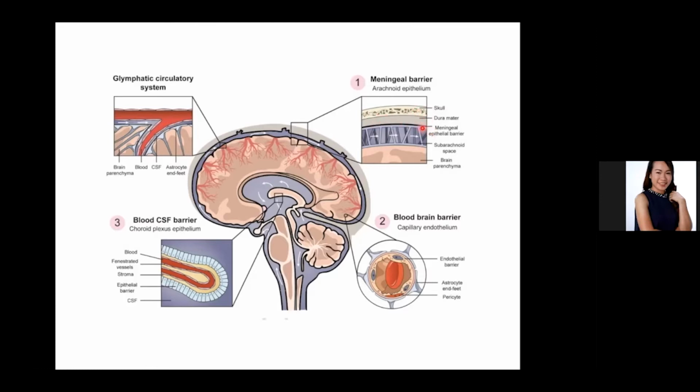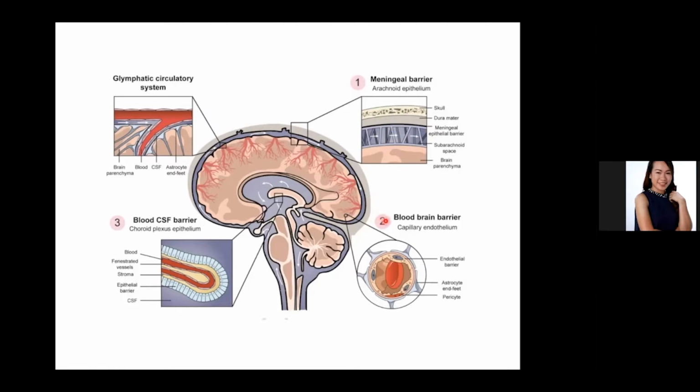And then we have here the meningeal epithelial barrier. So this is the meningeal epithelial barrier, and beneath it is the subarachnoid space where cerebrospinal fluid will flow. And after the subarachnoid space, of course, we have the pia mater, and then we have the brain parenchyma or the brain tissue. So this is the meningeal barrier.